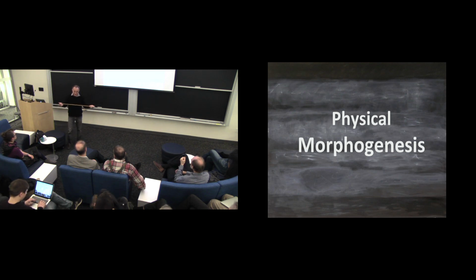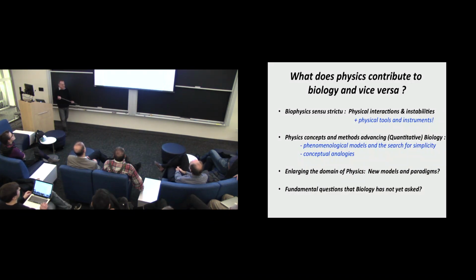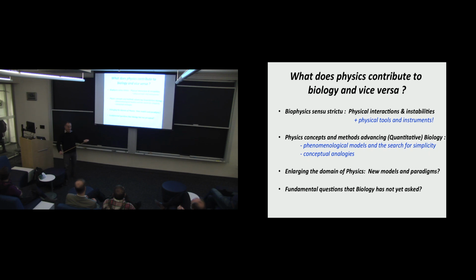So, as far as colloquia go, this would fall into the category of physics of living matter. And so physics of living matter is this discipline between physics and biology. And quite generally, you might wonder, what is it that physics can offer to biology and vice versa? Well, one obvious thing is biological phenomena do deeply involve physics.